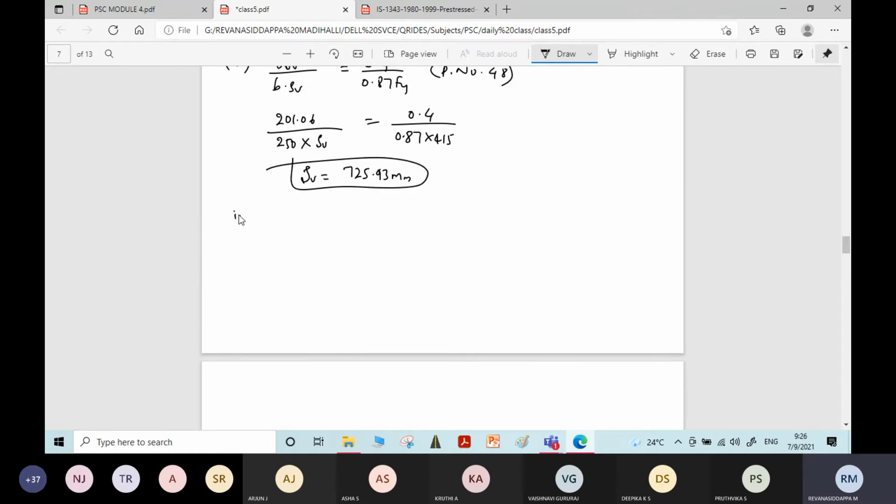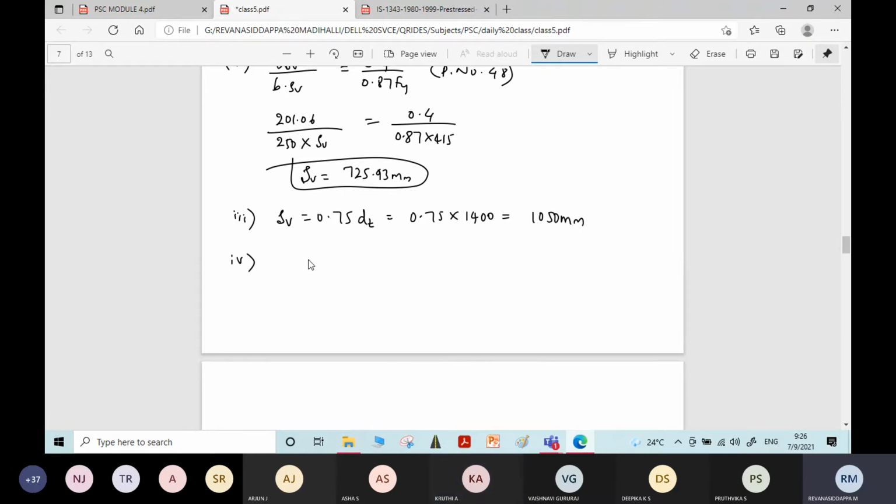Then the third calculation, it is also given in the code book. In the same page number, SV is equal to 0.75 times effective depth. 0.75 times 1400 is the effective depth. What's the answer? 1050, sir. 1050 mm.